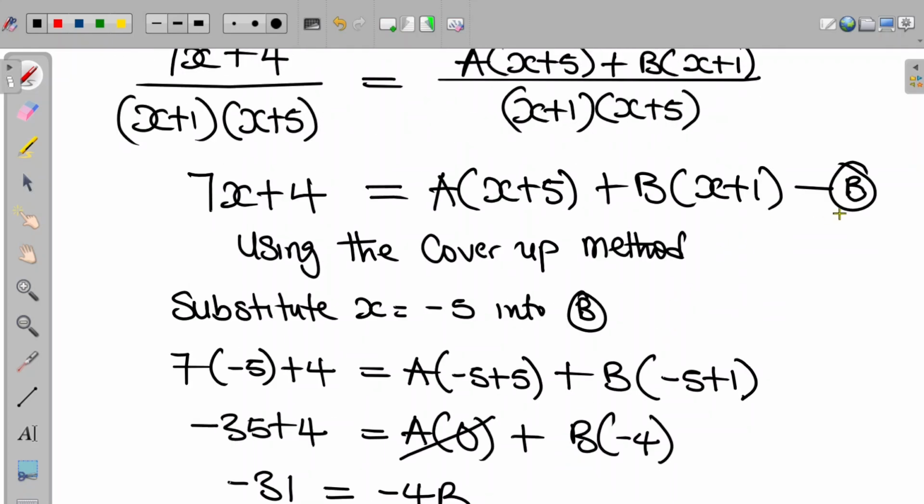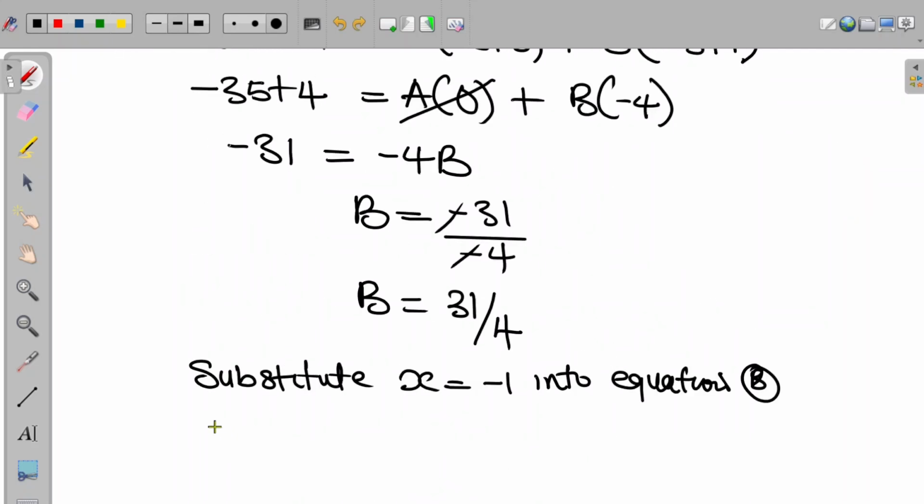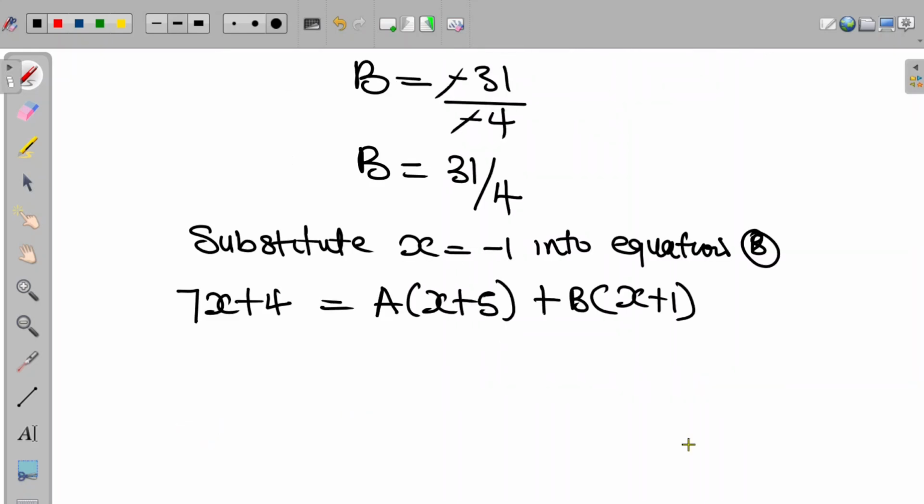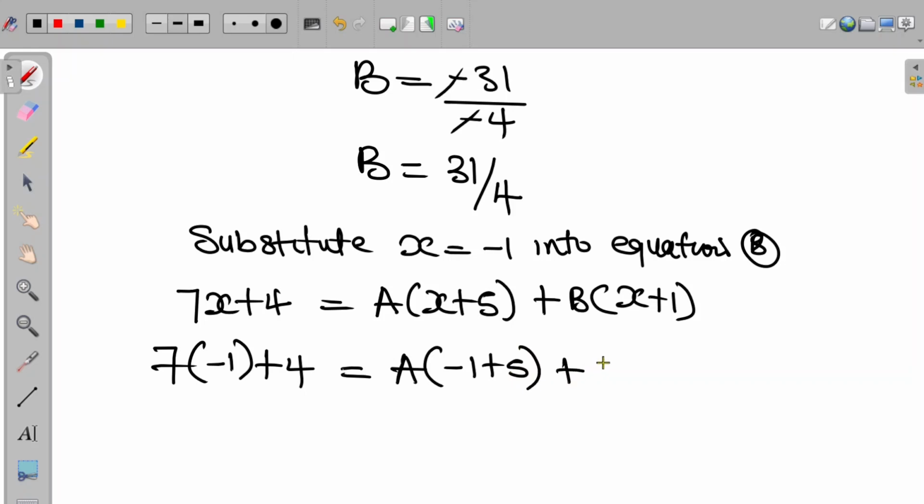Again, from equation B, we can substitute x to be equal to -1. So if we plug in the value of x equal to -1, we have that 7 multiplied by -1 plus 4 equal to A(-1 + 5) + B(-1 + 1).